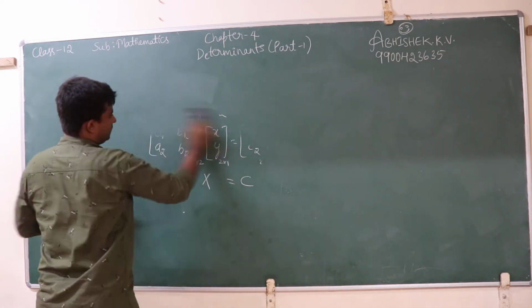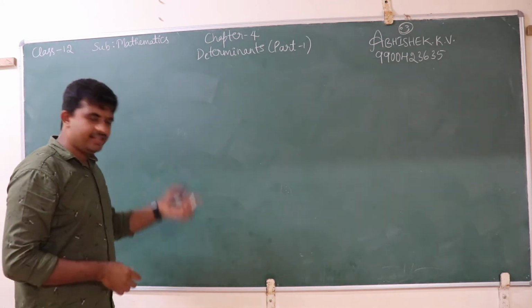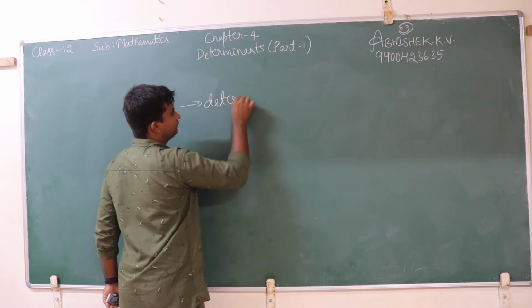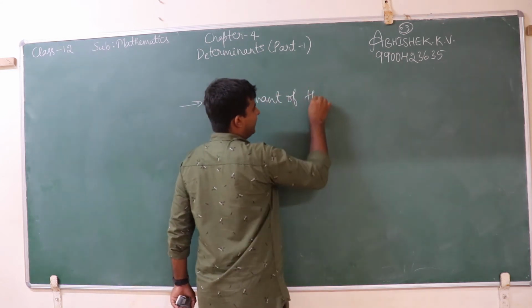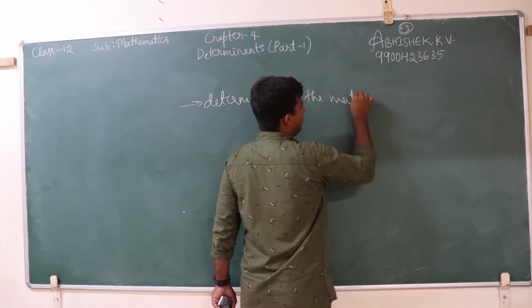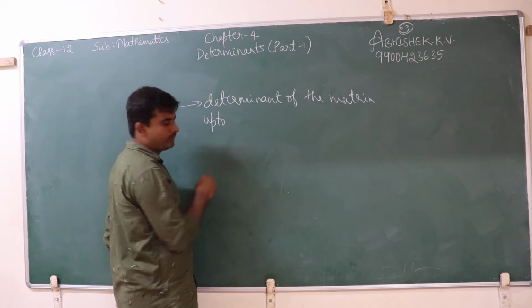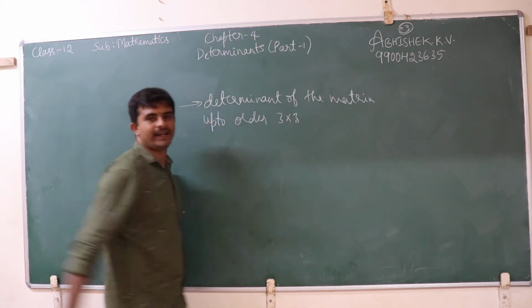So this is about the introduction of determinant, and in this chapter we are going to learn the determinant of the matrix up to order 3 by 3.